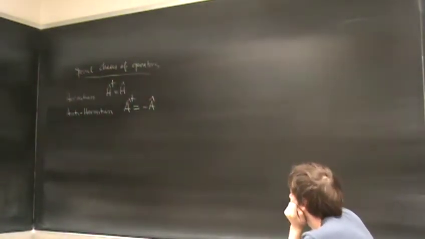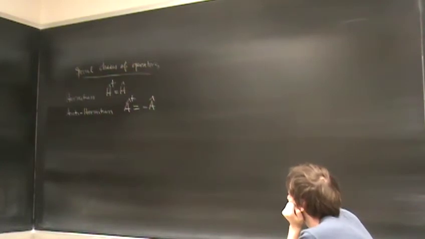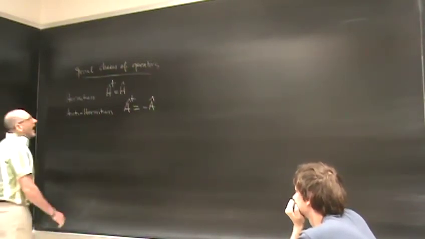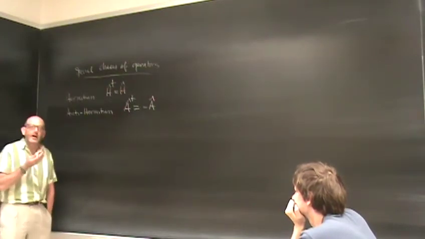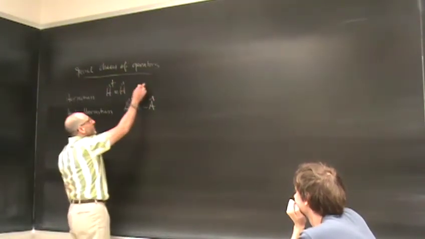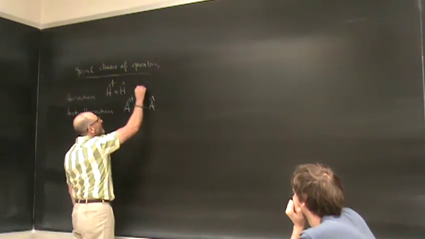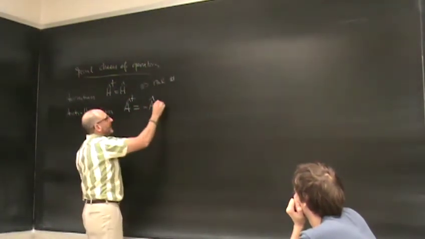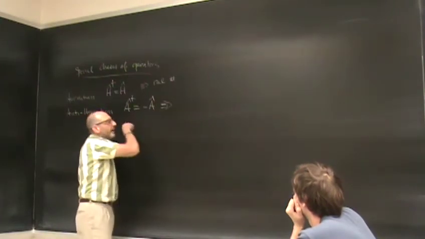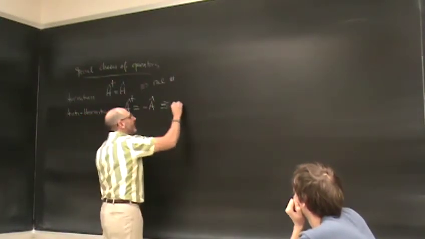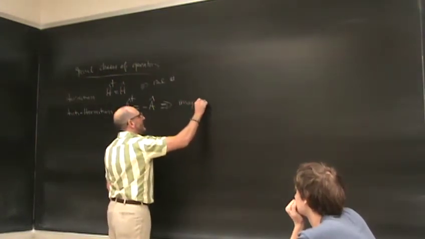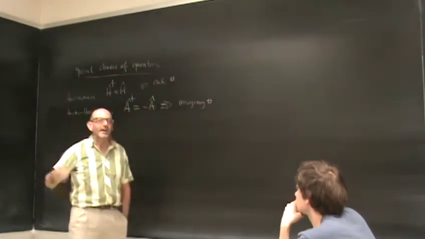Is i times a Hermitian matrix anti-Hermitian? Always. As we said last time, a Hermitian operator is kind of the moral equivalent of a real number, and the anti-Hermitian operator is kind of the moral equivalent of an imaginary number. And an imaginary number is i times a real number.